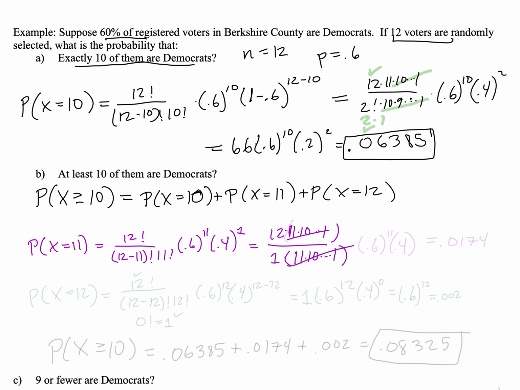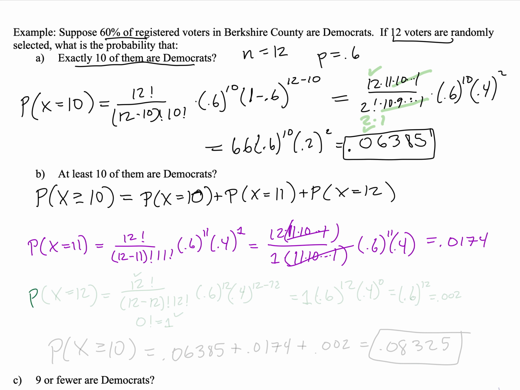Again, these cancel out, and factorials always cancel out kind of nicely. You can always pick the larger of the two values, k and n minus k, to cancel out with most of the n factorial. Still multiplied by 0.6 to the 11th power times 0.4. And so simplifying, that will give us 0.0174. This was just 12 times 0.6 to the 11th power times 0.4.